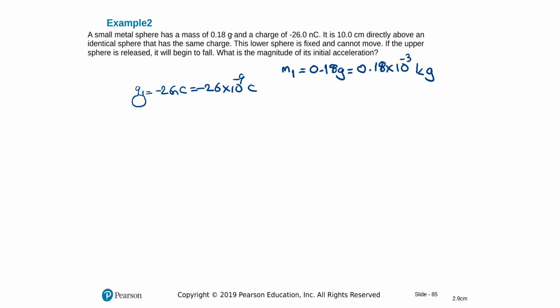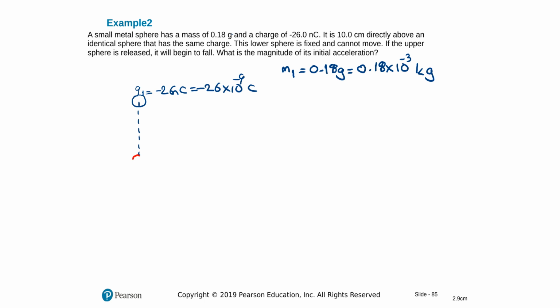And let's keep reading. It's 10 centimeters directly above an identical sphere that has the same charge. Alright, let's draw that. This is above another sphere that has the same charge. It's identical. Let's draw it red.